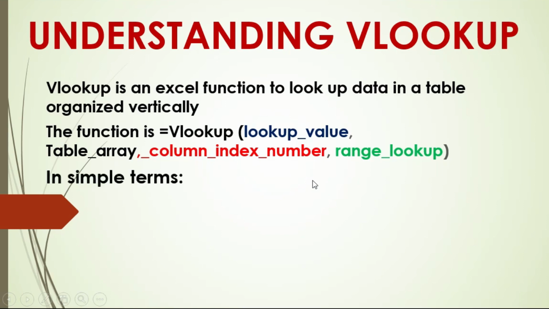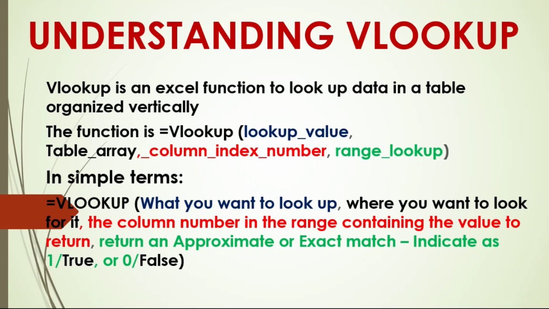In simple terms, VLOOKUP is about what you want to look up, then where you want to look for it, then the column number in the range containing the value to return, and lastly, returning an approximate or exact match, which is either true or false, 1 or 0.